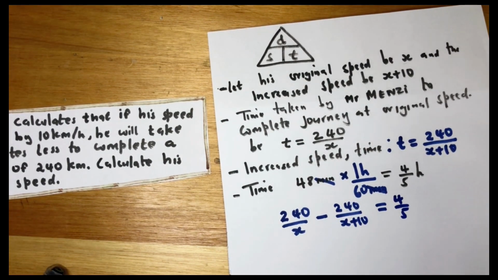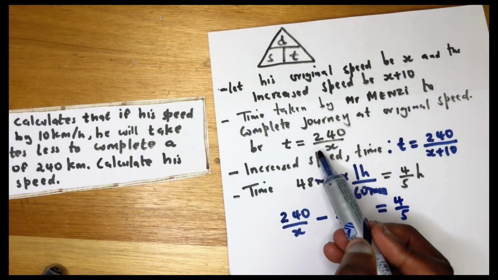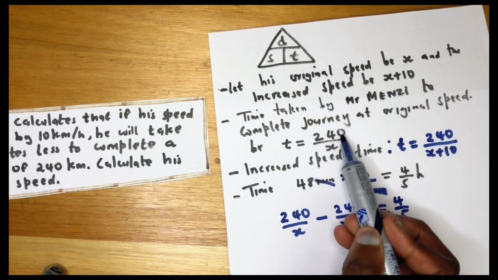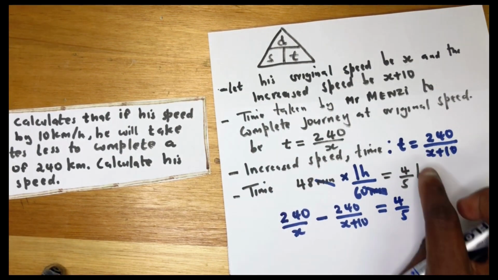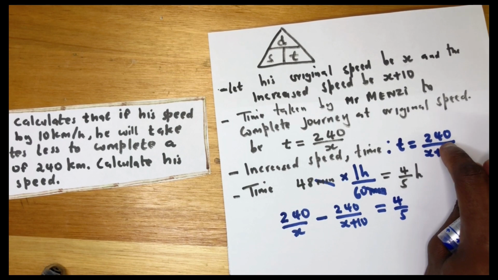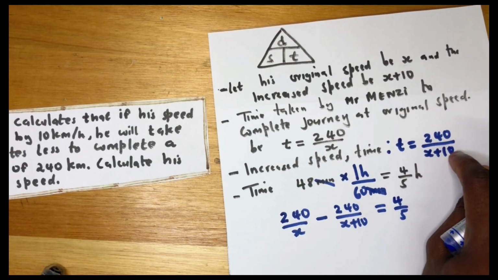Let me repeat this, guys. Mr. Menzi took the time 240 kilometers over x when he was traveling with the original speed. But when he increased the speed, it took him 240 over x plus 10.